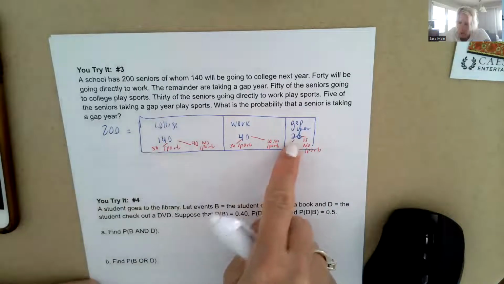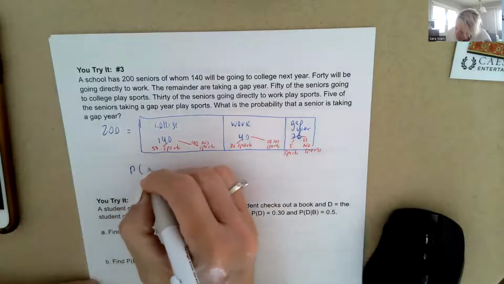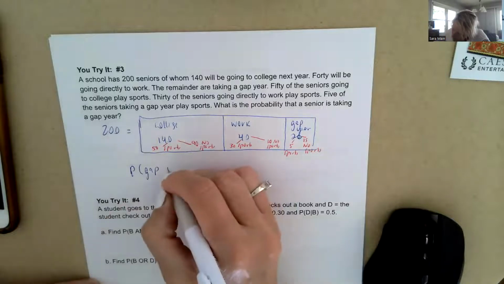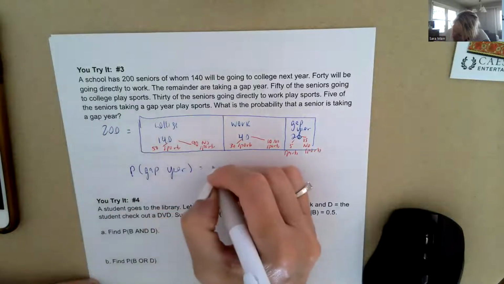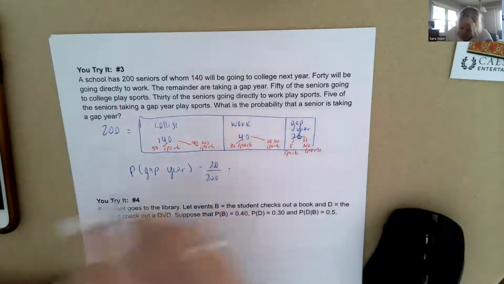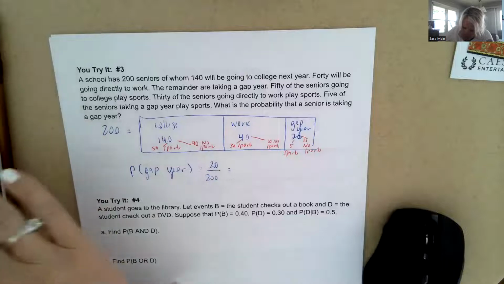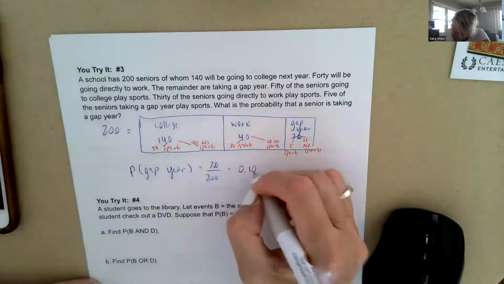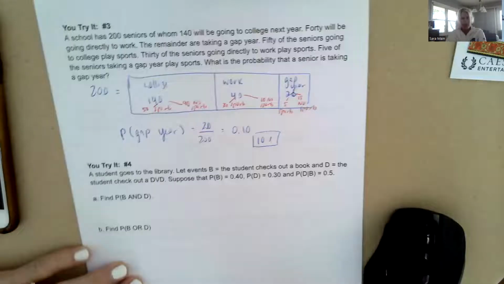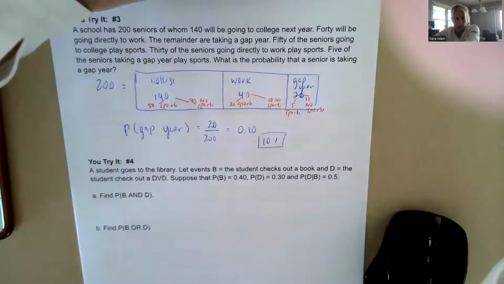A gap year is just 20 out of 200. So probability of gap year, which is 0.1 or 10%. We didn't even need to know if they were playing.